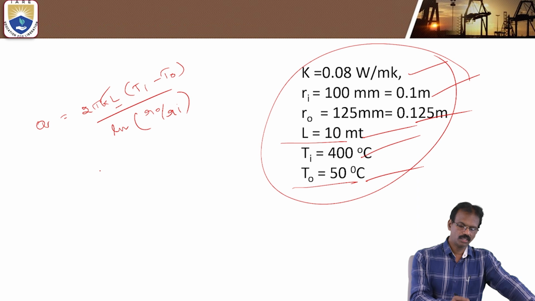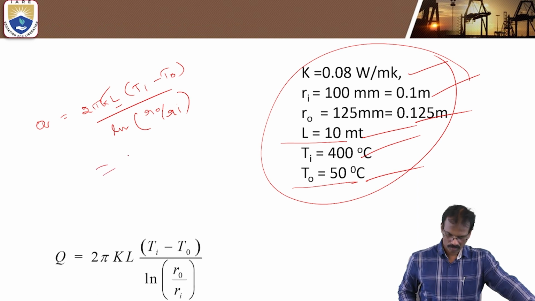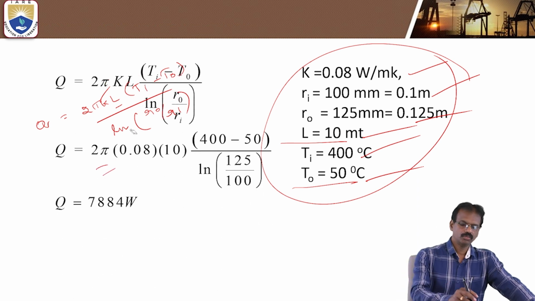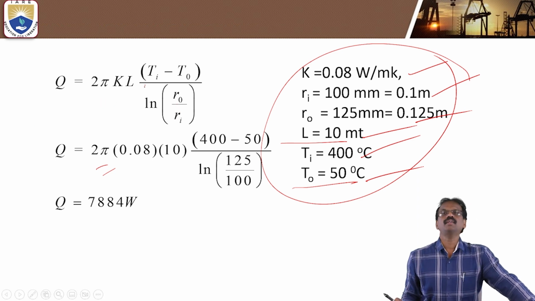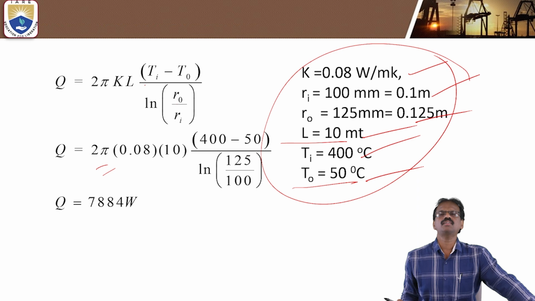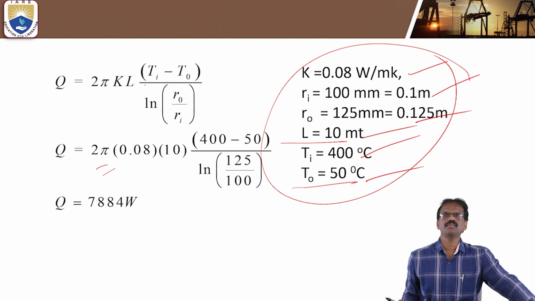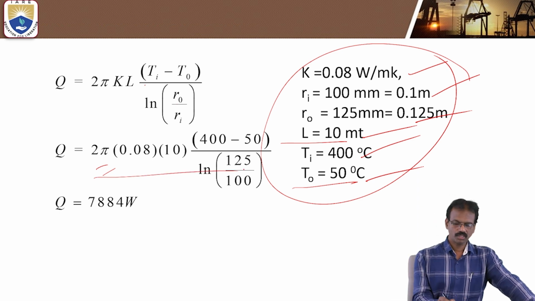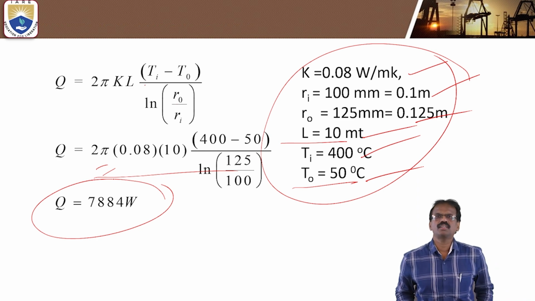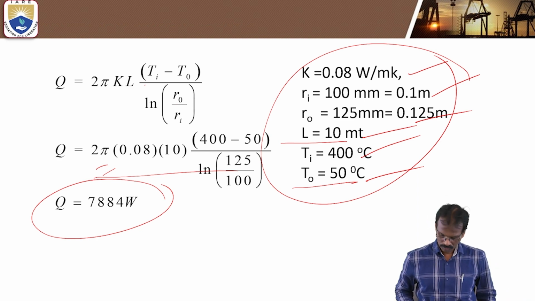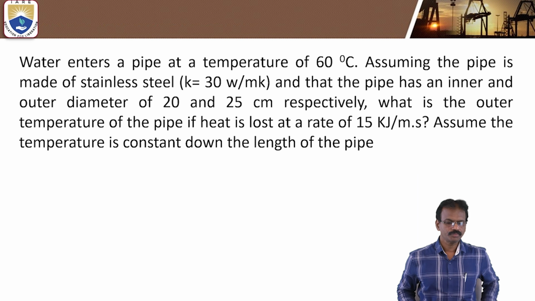If you substitute all these values, you will get the answer. Q is equal to 2 pi K L into T_i minus T naught by ln R naught by R_i. If you substitute all the values, you get the final value: 7,884 watts.